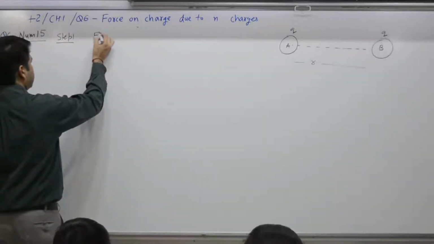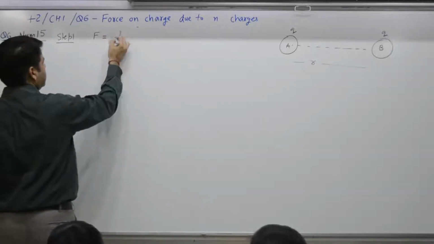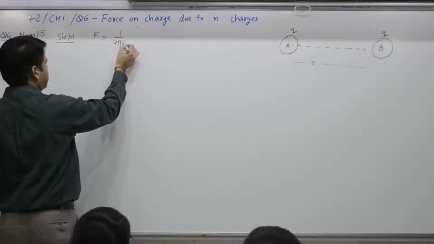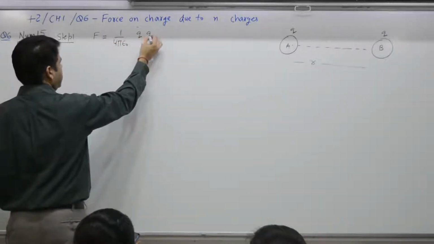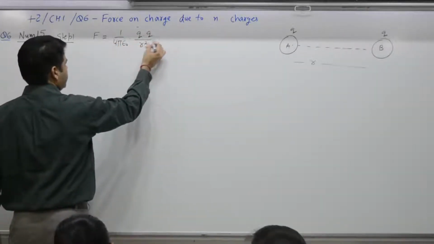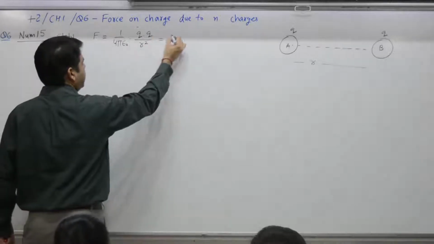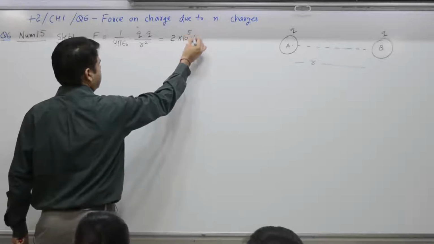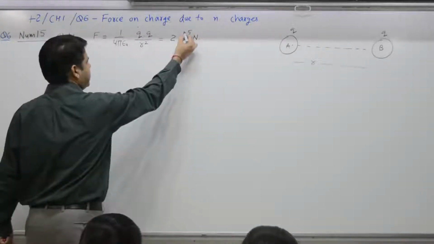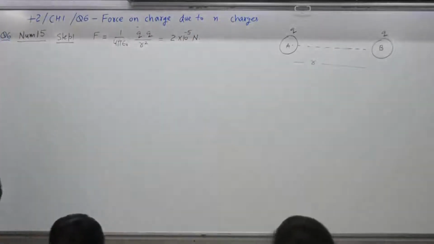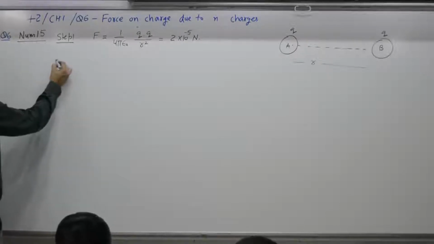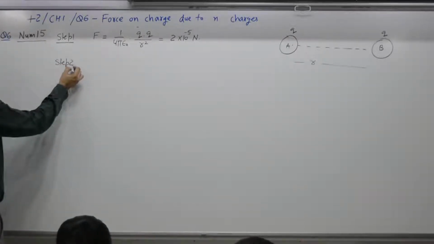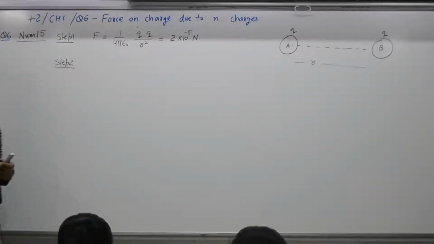Let that force be F. It is 1 by 4 pi epsilon naught Q1 Q2 by R square. This value is given as 2 into 10 to the power minus 5 Newton. Step 2. What do you do in the next step?